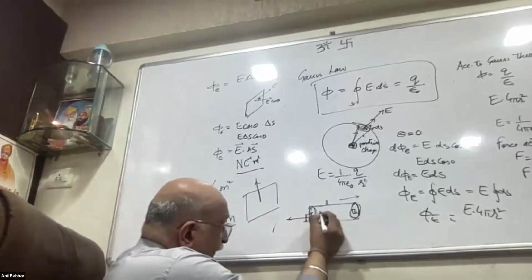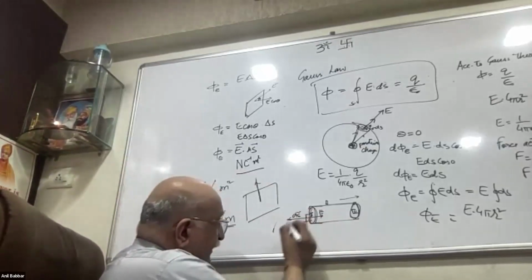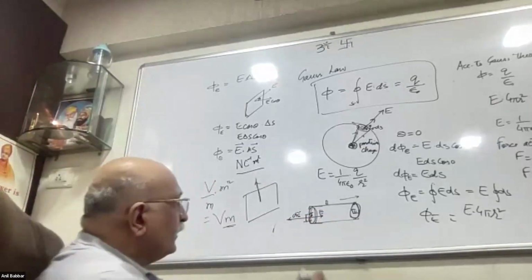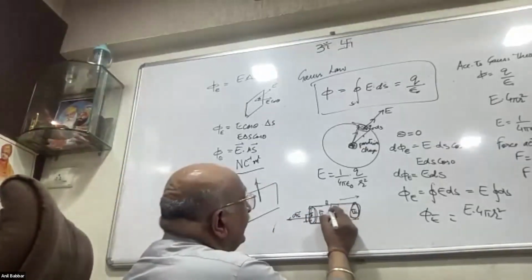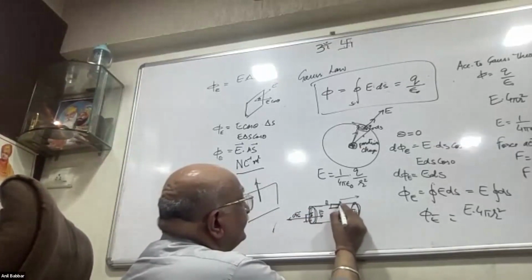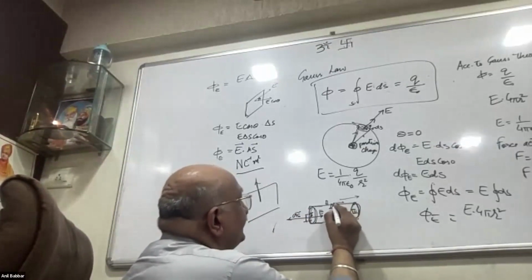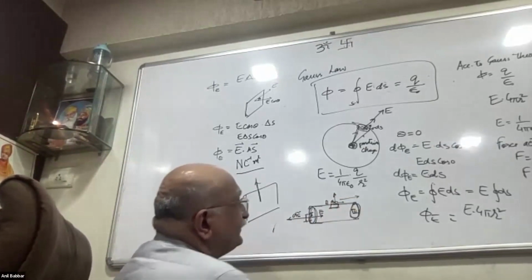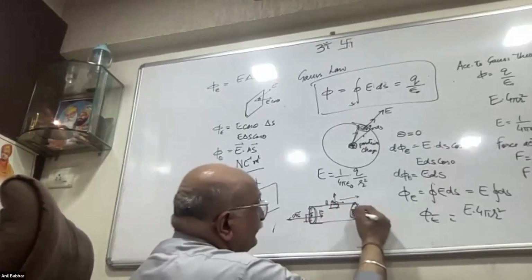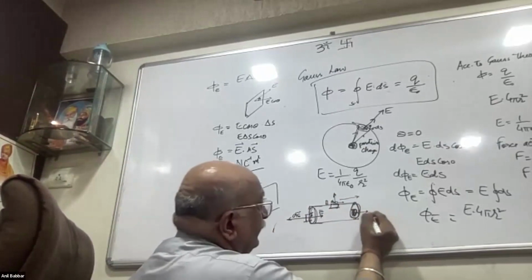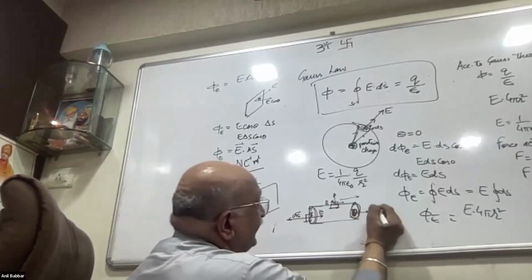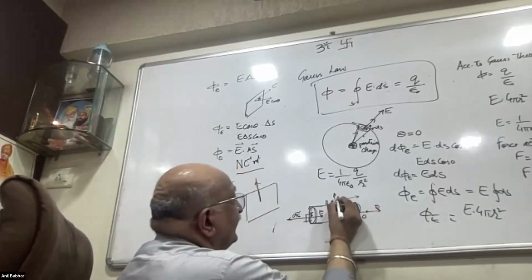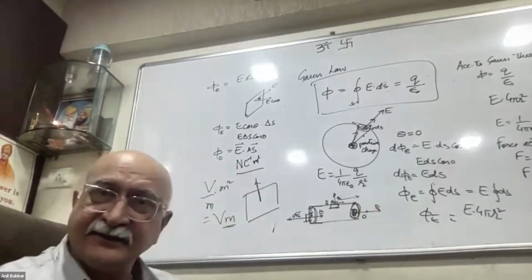So the angle between these two is 180 degrees. For the curved surface, this is the electric field and this is the area element, so the angle is 90 degrees and cos theta is 0. For the third surface, the angle is 0 degrees. There are 3 surfaces.